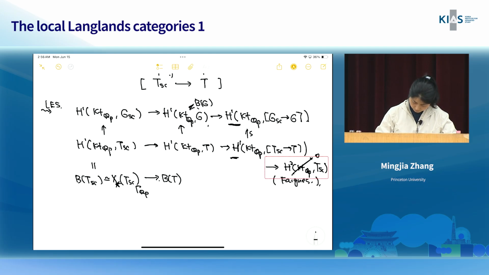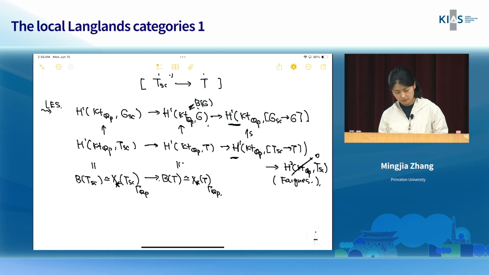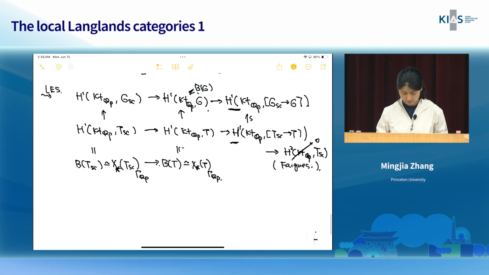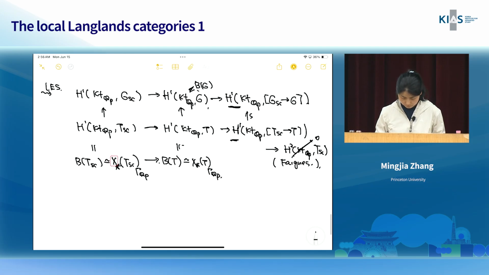And so similarly for T_sc here, and then you realize that this cokernel is precisely the Galois coinvariants in the algebraic fundamental group of G, where this pi1 is just the cokernel of this map from cocharacters of T_sc to that of T, and then you take Galois coinvariants.